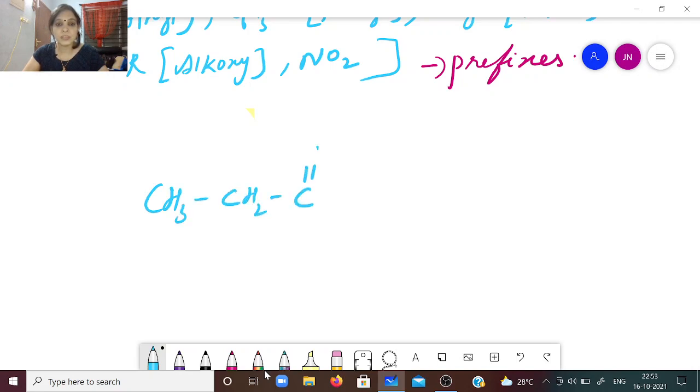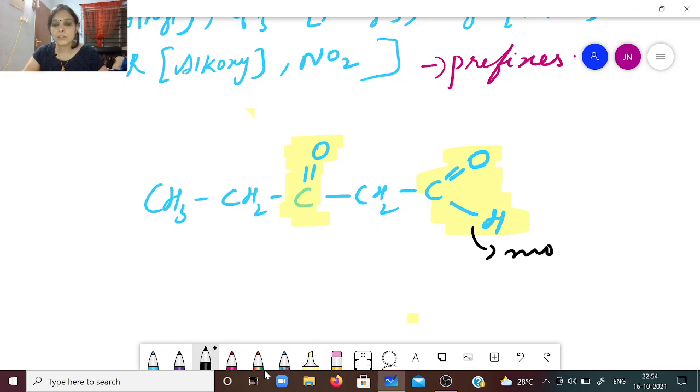CH3, CH2, C double bond O, CH2, C double bond O, H. Here also we have two functional groups. One is this and the other one is this. And you can see in the chart that this is the most important.